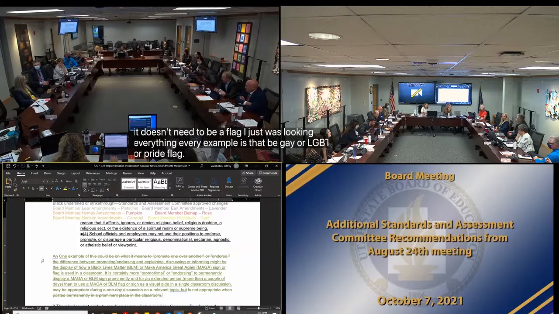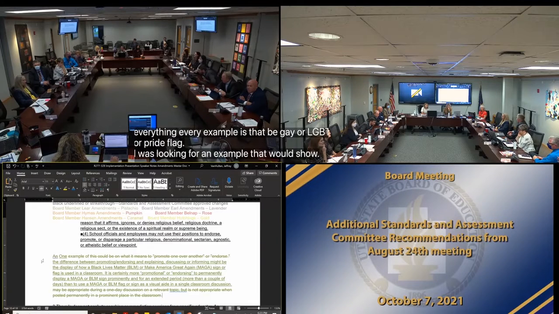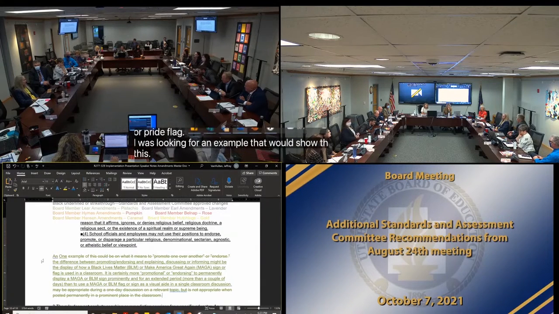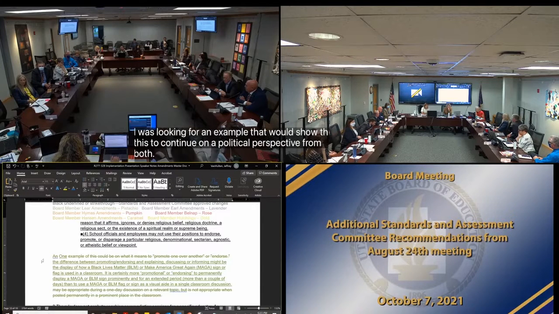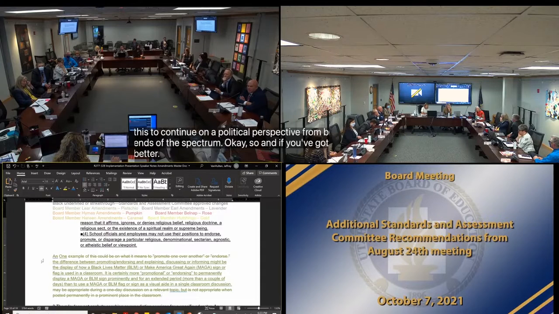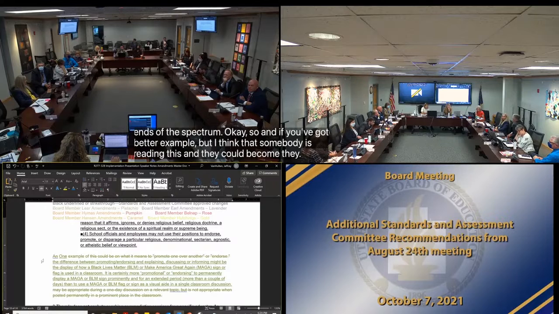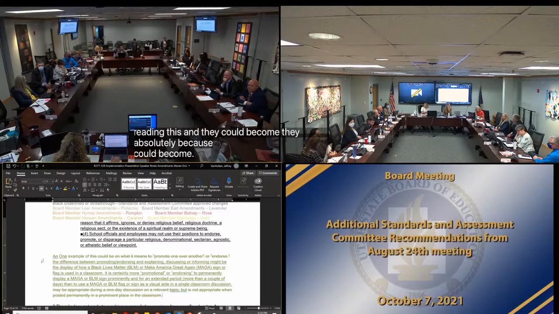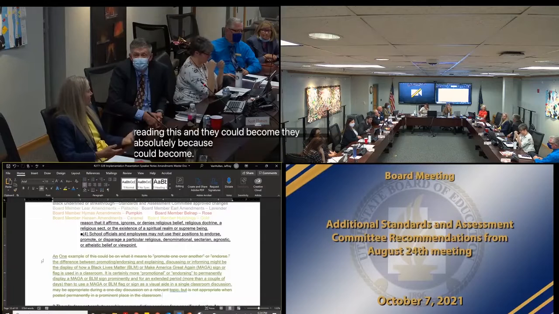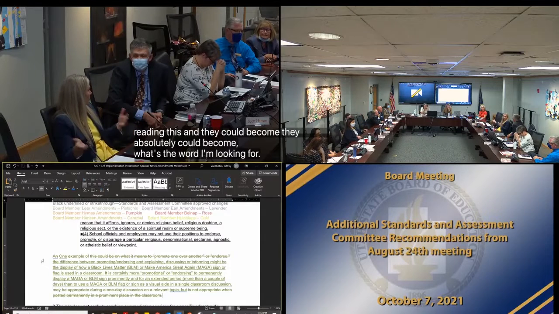I was looking for an example that would show the continuum, a political perspective from both ends of the spectrum. Okay. And if you've got a better example, but I think that if somebody's reading this and they absolutely could become, what's the word I'm looking for? Gender identity phobic.